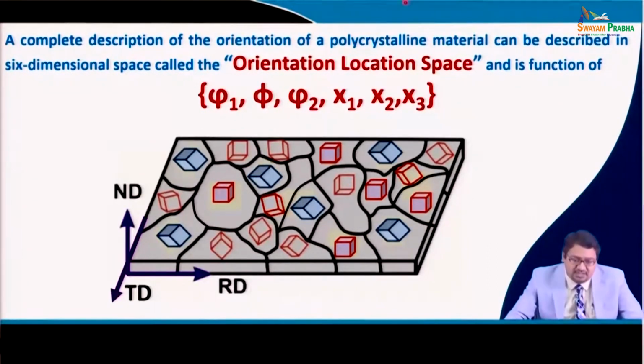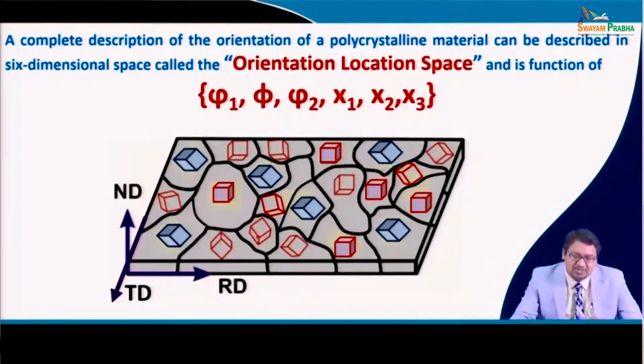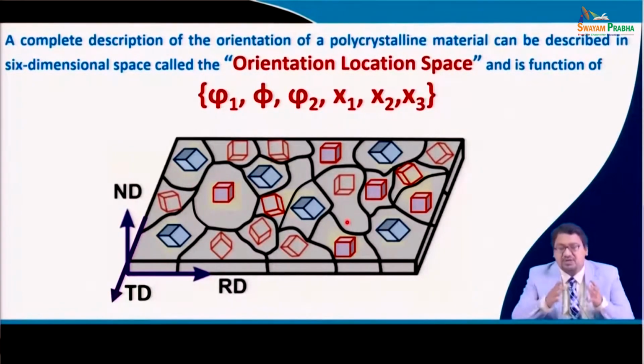So, you see that if we have a polycrystalline material as shown in the schematic below, it has a number of grains and each grain has a different orientation, and in these grains there may be some orientation which might be present in a larger intensity or larger fraction.